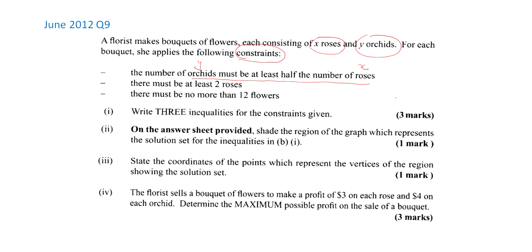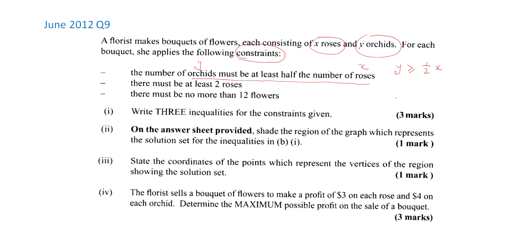So in order to write that as an inequality, it will be Y. Now they said at least half, which means it should be greater than or equal to a half X, right? So at least half means half or more, right? So that's why I didn't write Y is less than or equal to half X.